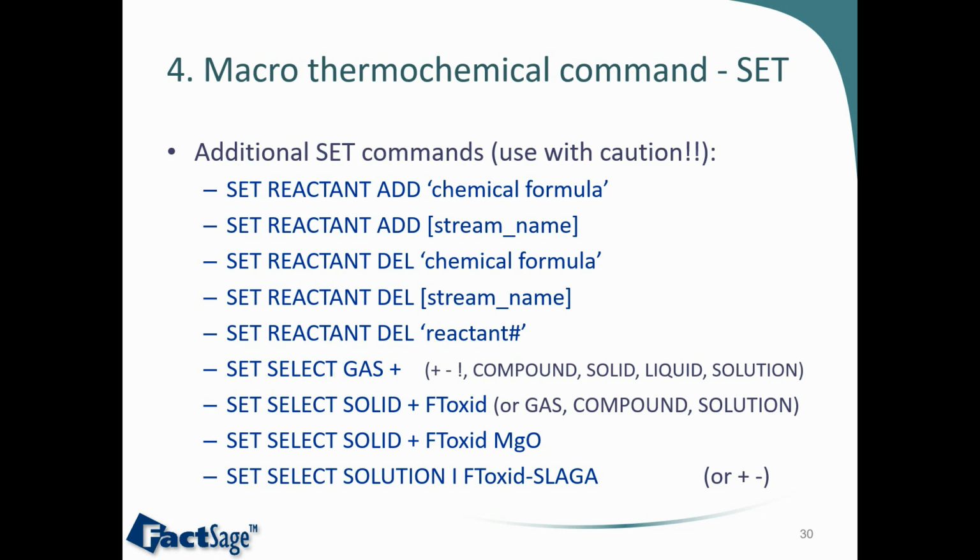So all these default settings then must be specified individually in the macro code. For this reason, it's recommended to check carefully the phase selection with set select, or even with adding a new reactant, before you calculate the equilibrium to make sure that the phase selection is okay.